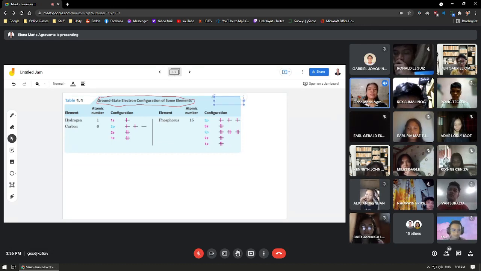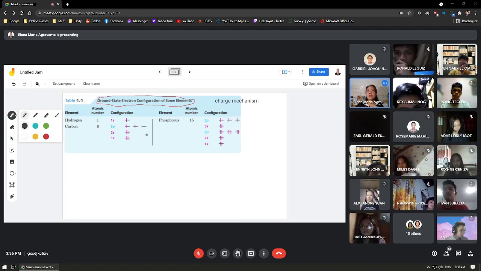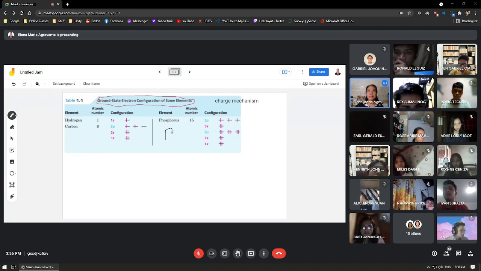What you're going to do now is construct our charge mechanism. Let us feature, for example, 3 species of phosphorus. You notice phosphorus here. The spelling of the name, and the symbol is capital letter P, guys.